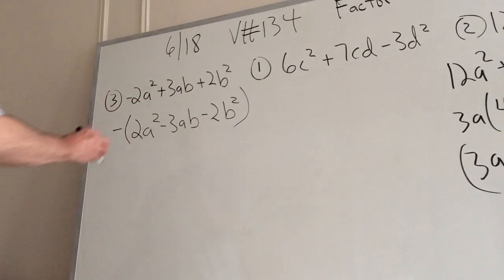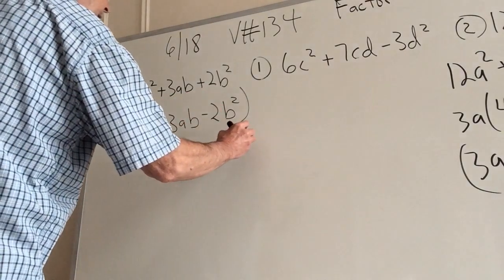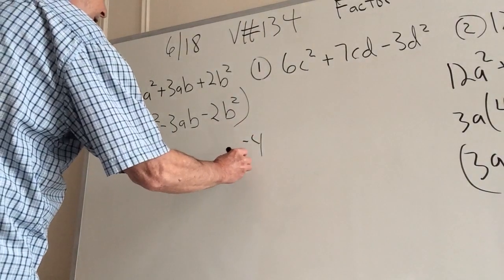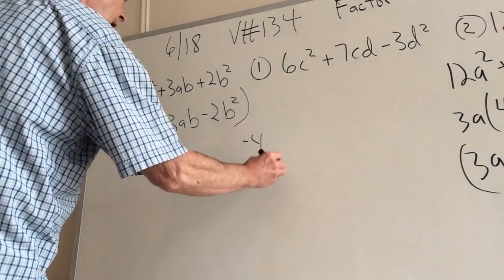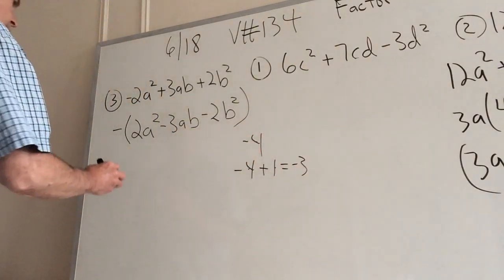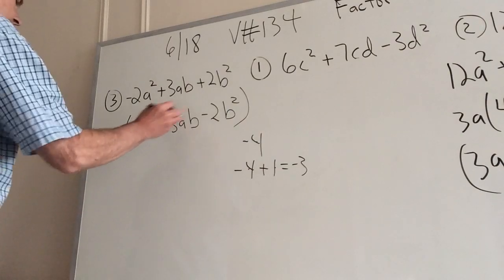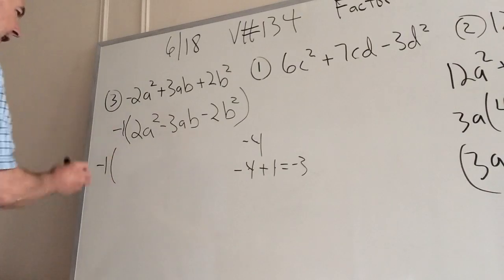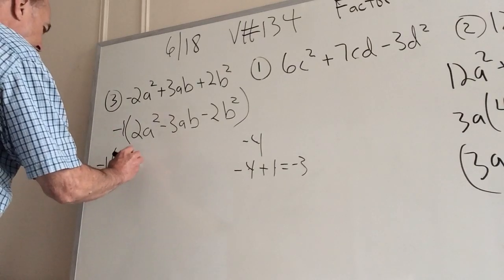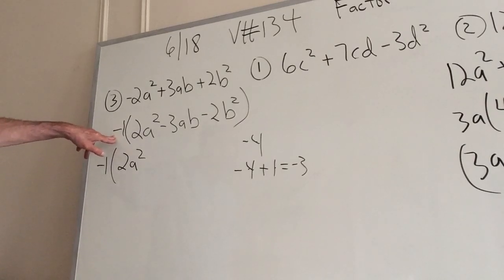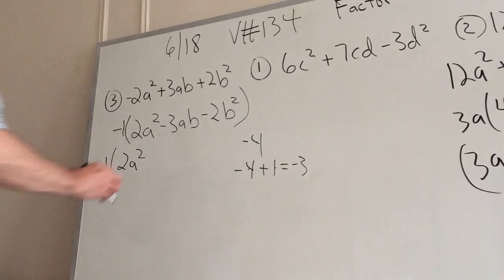And so 2 times negative 2 is negative 4, and it looks like negative 4 plus 1 equals negative 3, and negative 4 times 1 is negative 4. So it looks like I got that one down. So I keep my negative 1 out here. I'll write the negative 1. Not that necessary. And if you think about it, it's very close to what we call complete factoring, right? We're just making the math work in our favor.